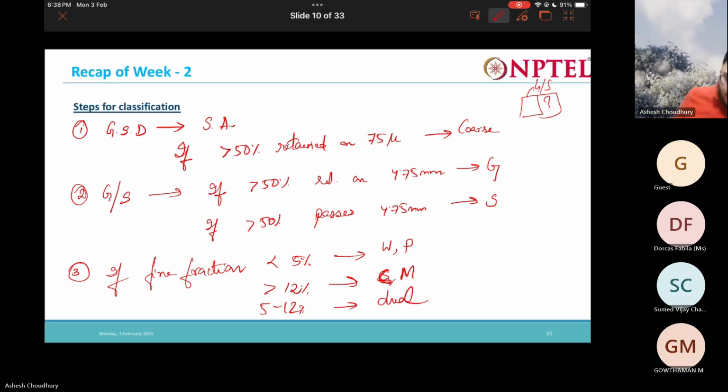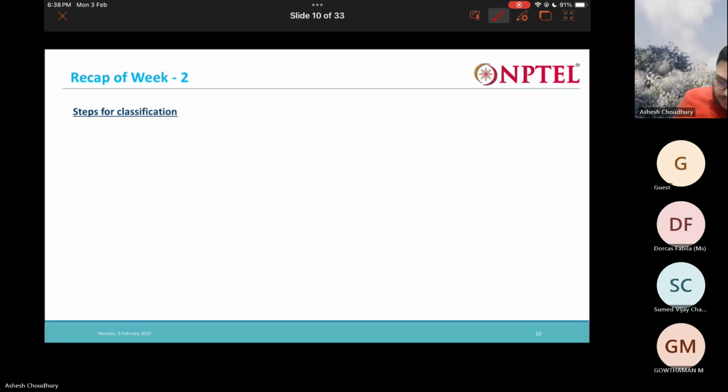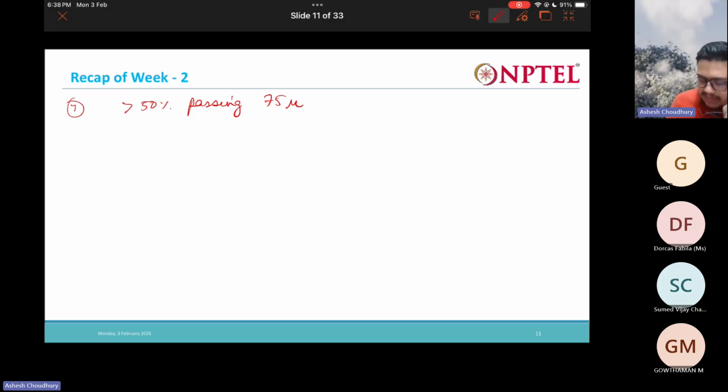Now coming to the fine grained soil. When the soil is fine grained, with greater than 50% passing 75 micron, the prefix is either C or M. Now how do you decide the suffix?